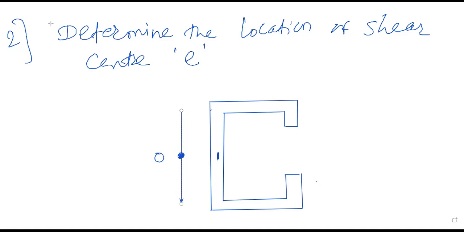So this distance is nothing but your shear center E. This force is P. Then the dimension from the center is B. Then this is your H1.